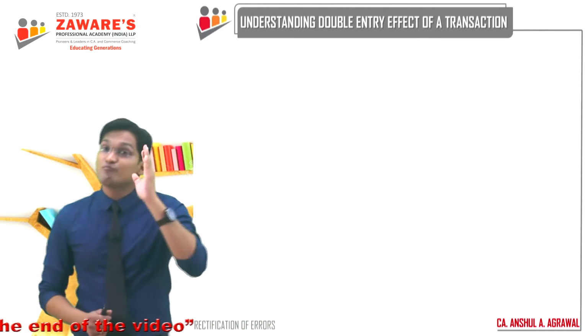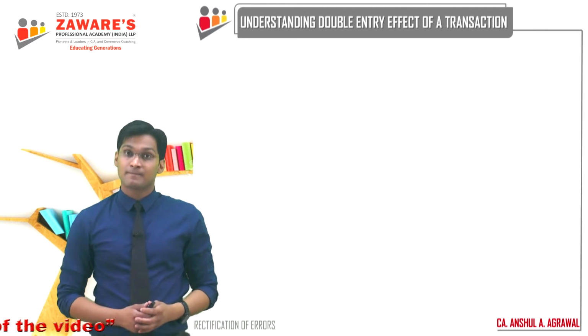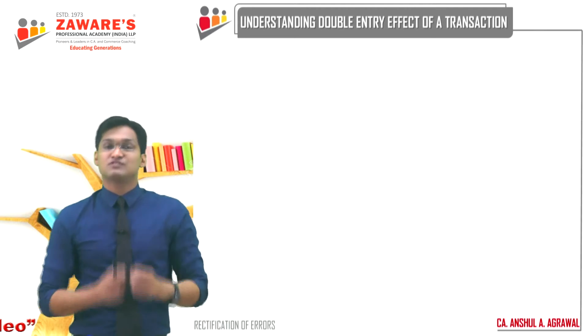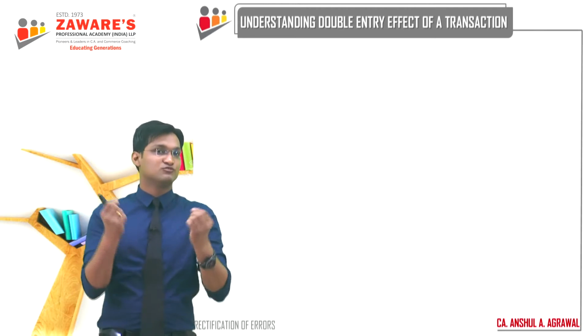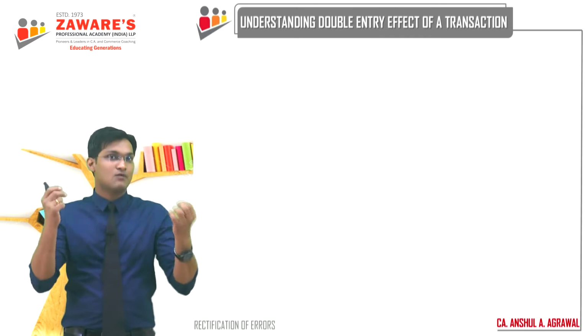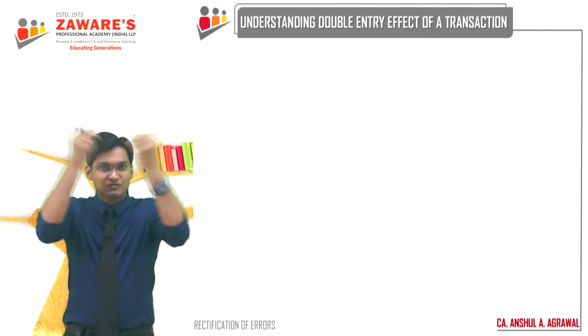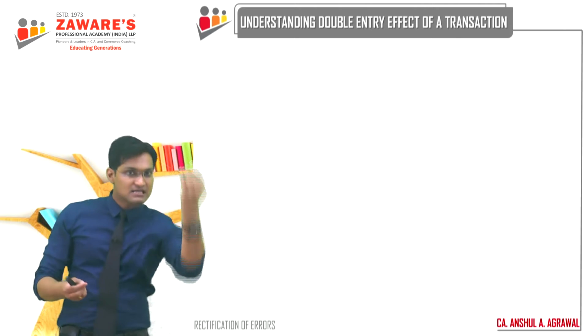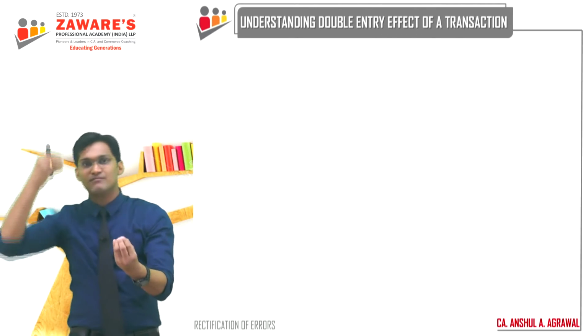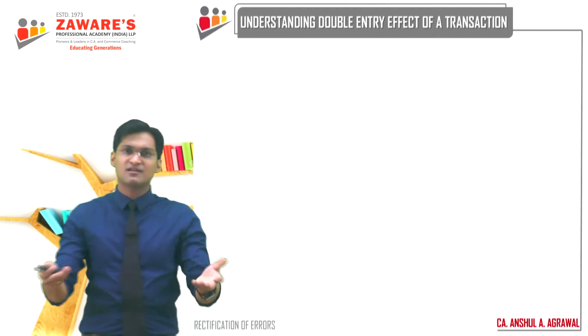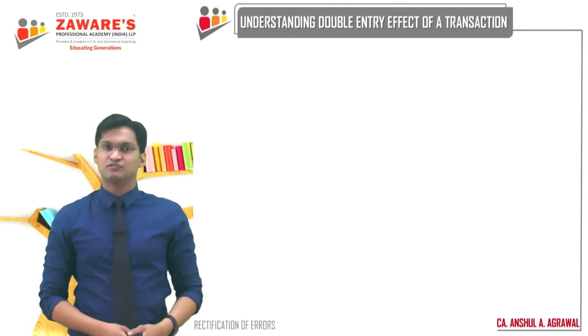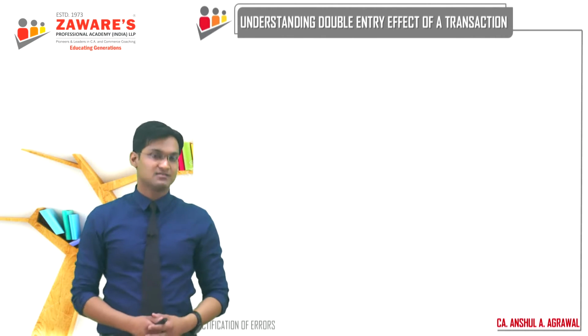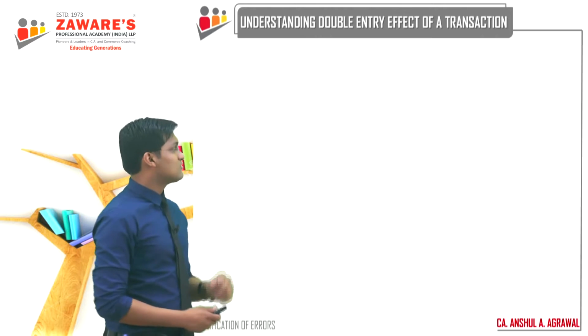So when you are giving both the effects of a transaction, after every accounting entry, your accounting equation should be balanced. We have seen accounting equation means, if you visualize your balance sheet, assets is equal to capital plus liabilities. So basically your trial balance should also be equalized. It should be agreed. It should be tallied. Correct? So that's what we are going to understand over here.